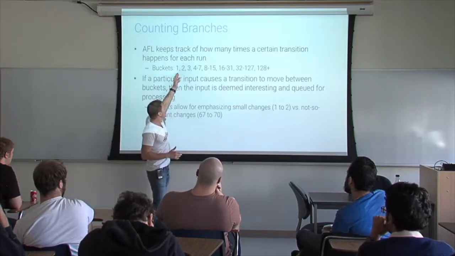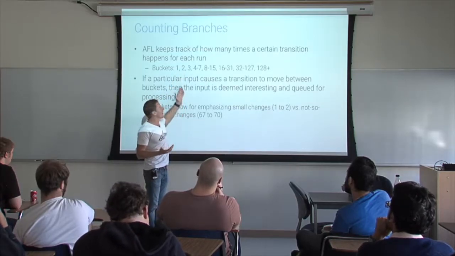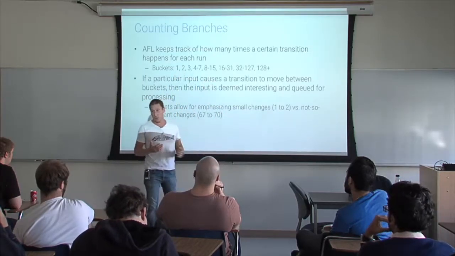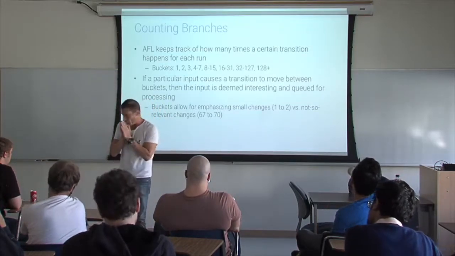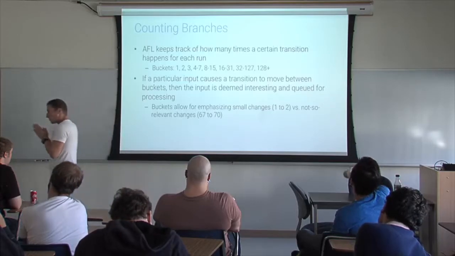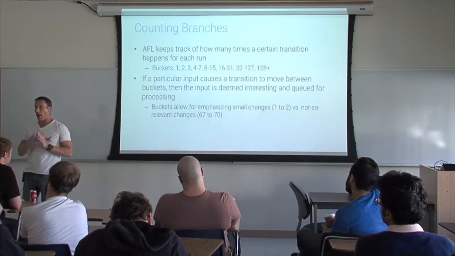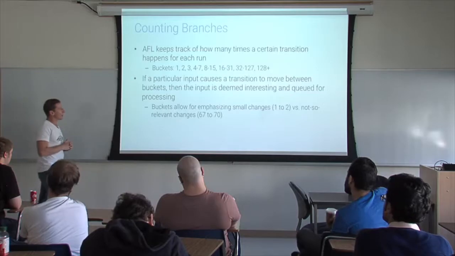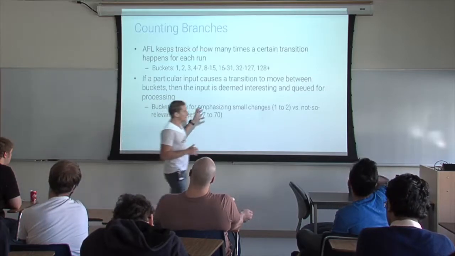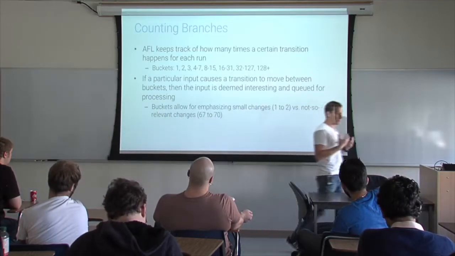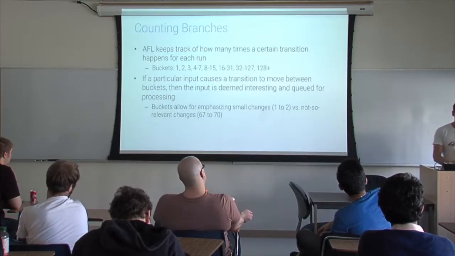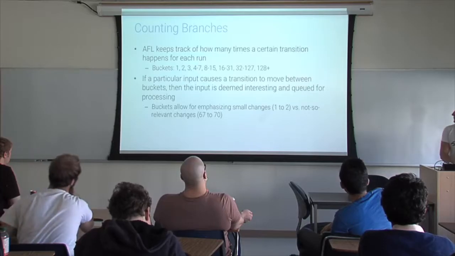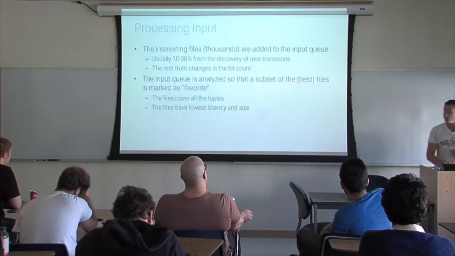But 1 to 2 could be very important, and 1 to 8 is definitely super important. So this is a way to say that even if you don't have a new transition, if you caused a bucket movement, you can see that this would also make a certain input interesting to be analyzed.